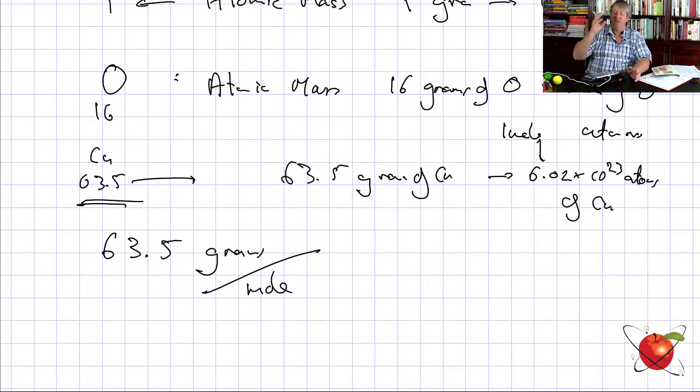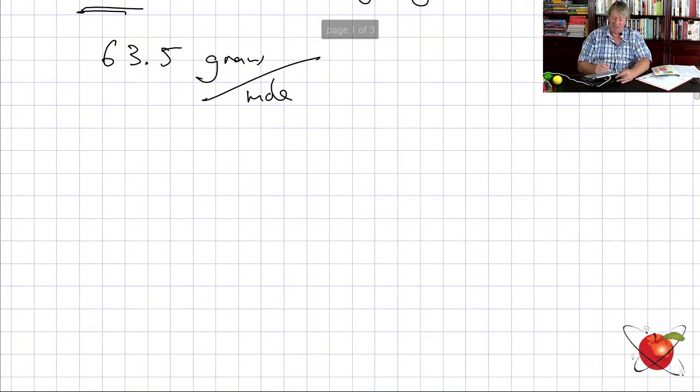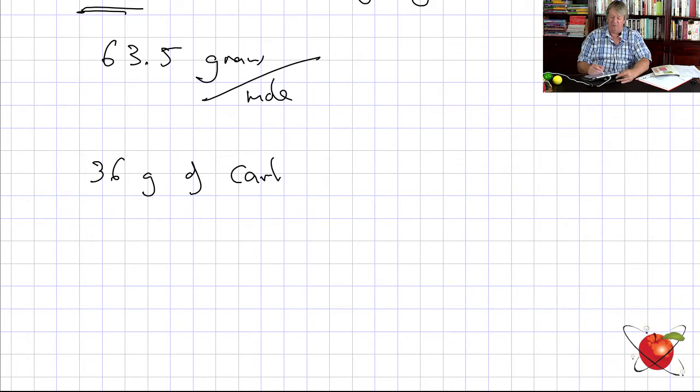Therefore, so many grams per mole. Well, let's have a look. Let us say that we've got 36 grams of carbon. How many moles is that?